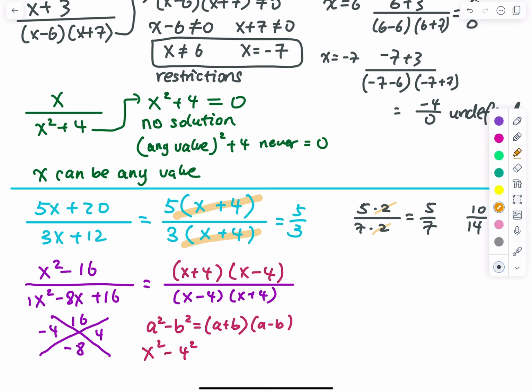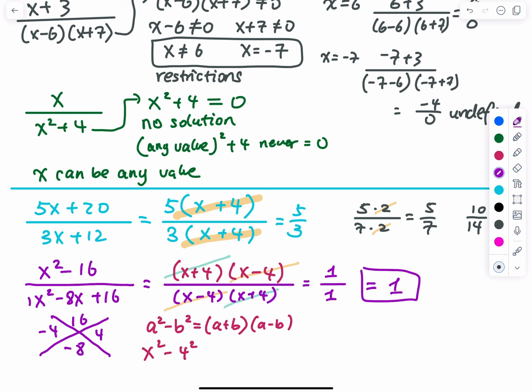I'm using the highlighter. They have x plus 4, and the other ones, x minus 4. So therefore, they all cancel. It doesn't mean you have a 0. When you cancel, you have 1 divided by 1. You can easily put a 1 in there, and that doesn't affect anything. So we have 1 over 1. That means the very complicated rational function you have at the beginning is equal to 1.